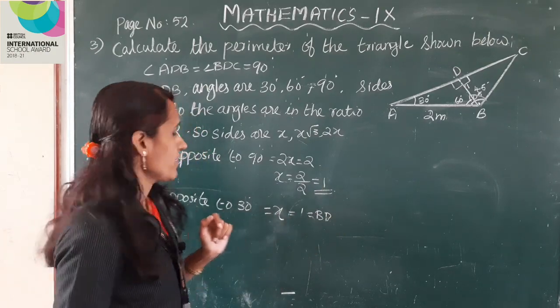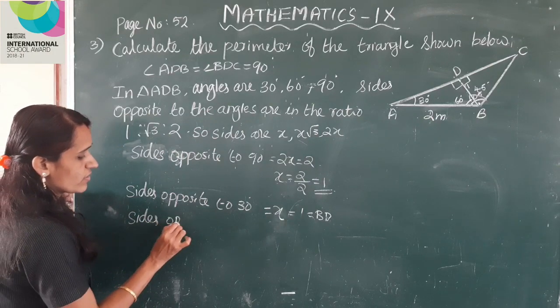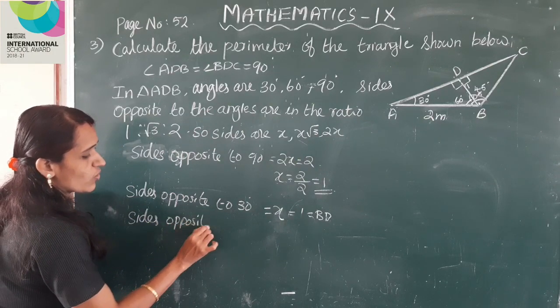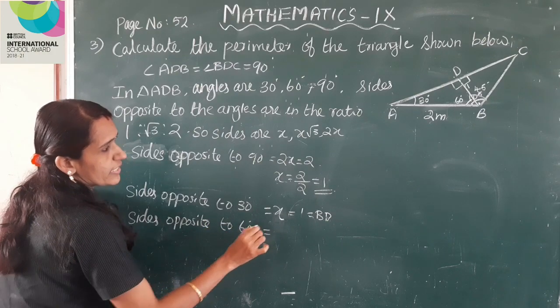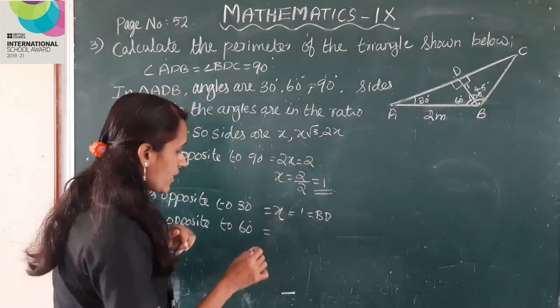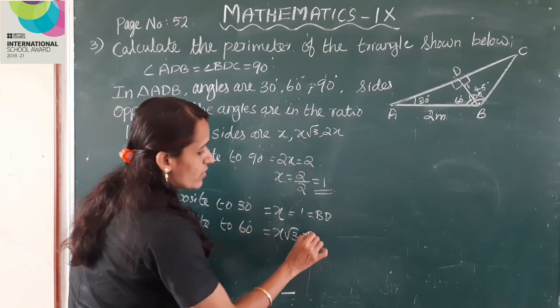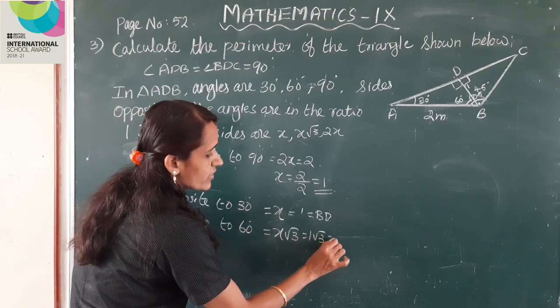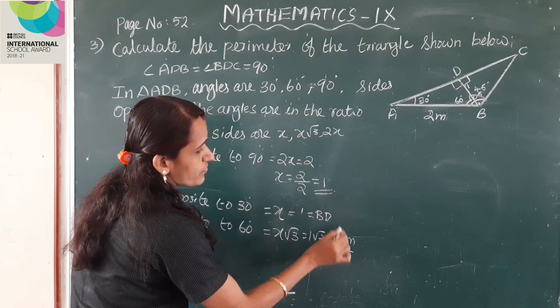Okay. Next, side opposite to 60 degree is x root 3. Here x is 1, root 3, this is equal to root 3 meter.